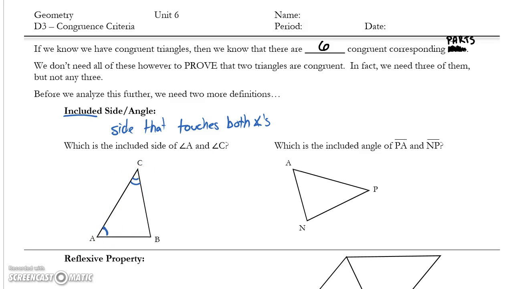Well, there's 3 sides. There's side AC, there's side CB, and there's side AB. The only one that touches both angle A and angle C is AC. So we would consider segment AC as the included side of angle A and angle C. So an included side has to have 2 reference angles.